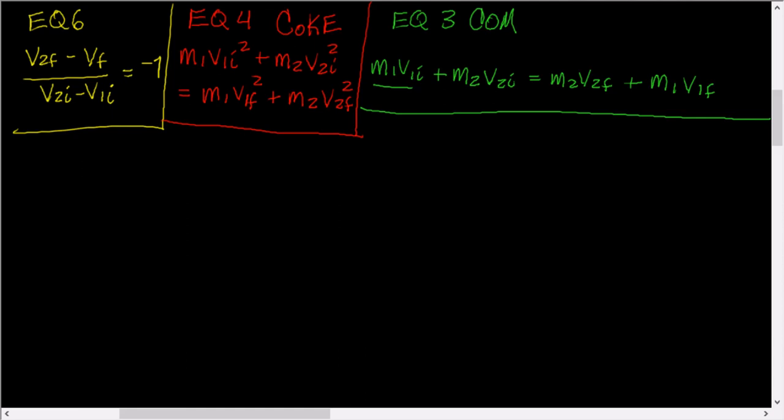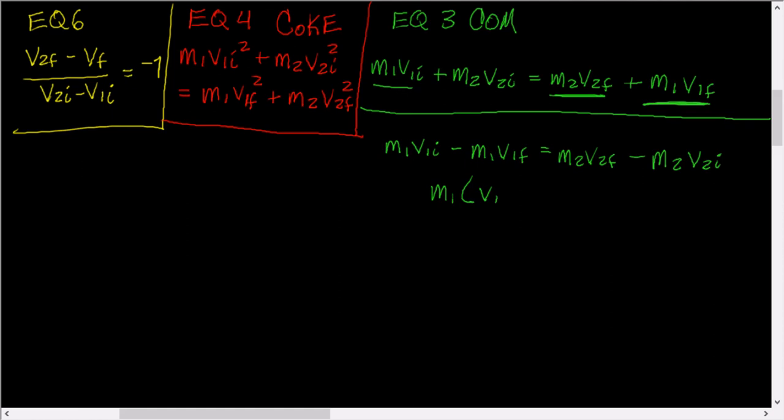First, I'll arrange equation 3 with m1 on the left-hand side only. So m1 v1 initial can stay, but this m1 v1 final on the right-hand side has to move over. And then this m2 v2 final stays, but I have to bring m2 v2 initial over to this side. So we can rewrite this now as m1 times v1 initial minus v1 final. So I'm factoring out the masses from both sides.